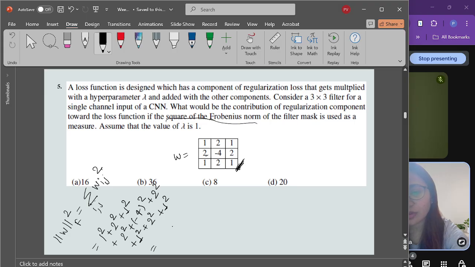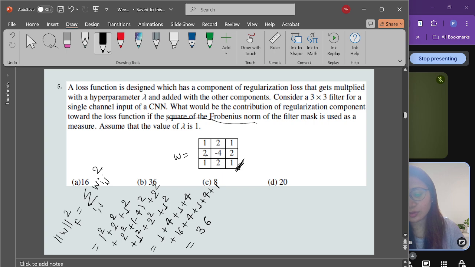Now take the squares and add all these values. So 1 plus 4 plus 1 plus 4 plus 16 plus 4 plus 1 plus 4 plus 1. Now add all these values, so you will get 36, right?